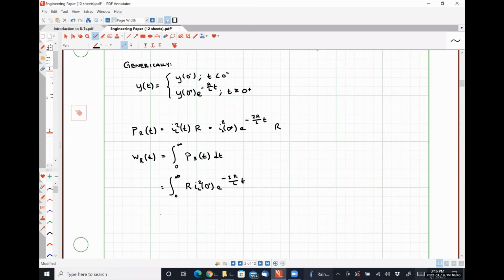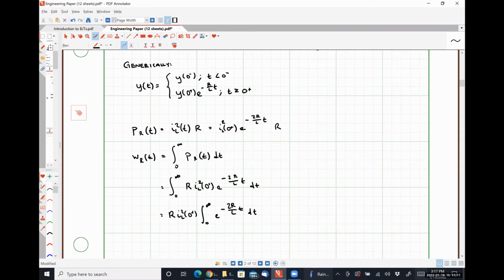If I take those constants out, I get R times IL at 0 plus squared times the integral from 0 to infinity of e to the negative 2R over L t. Oh, and I'm missing my dt here. I should put it here.